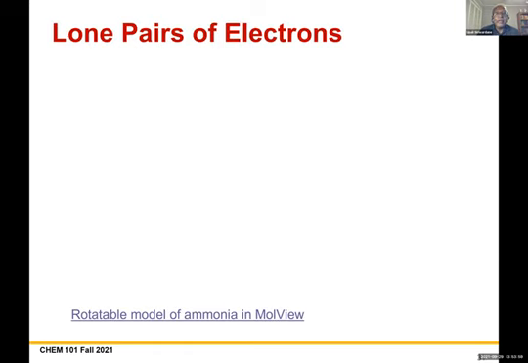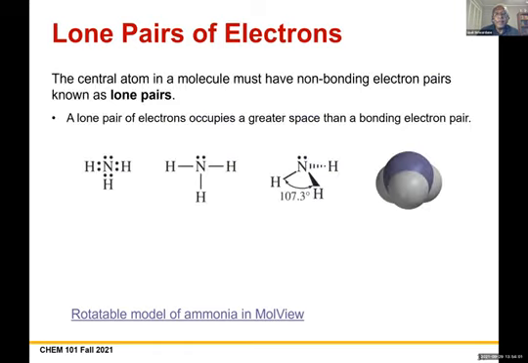Now let's look at another example, ammonia. When we wrote the ammonia Lewis structure, we got this. It has 3 bonding electron pairs and 1 lone pair.